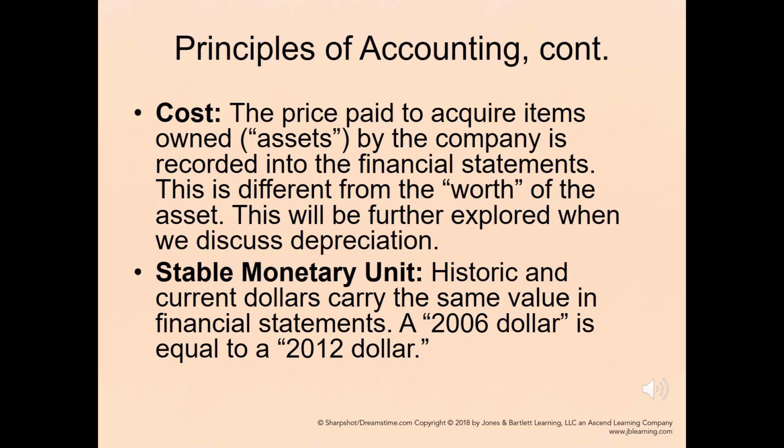Cost: the price paid to acquire items owned, or assets, by the company is recorded into the financial statements. This is different from the worth of the asset. This will be further explored when we discuss depreciation. Stable monetary unit: historic and current dollars carry the same value in financial statements. A 2006 dollar is equal to a 2012 dollar.